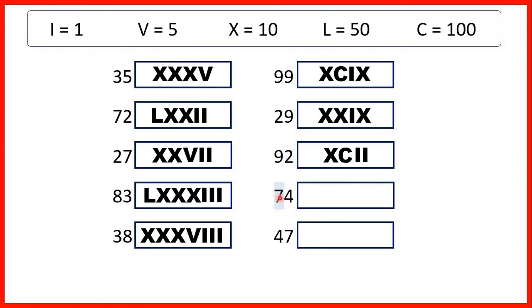For 74, 70 is L, and then 2 X's, and then 4 is I before V, because that's 1 before 5. And finally, we have 47. 40 is 10 before 50, so X before L, and then 7 is VII, because that's 5, and then 2 1s to make 7.